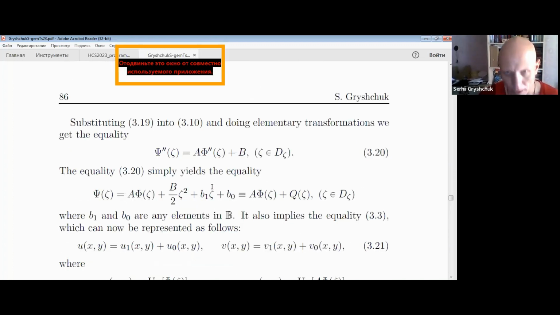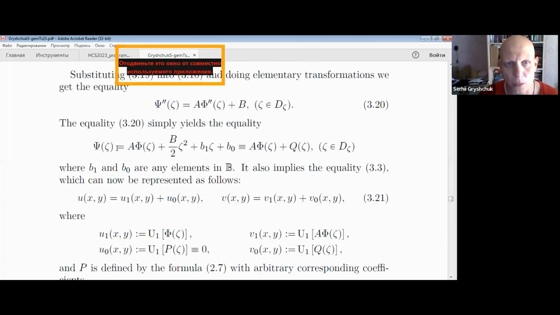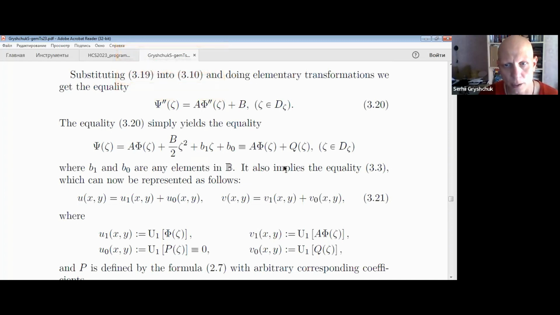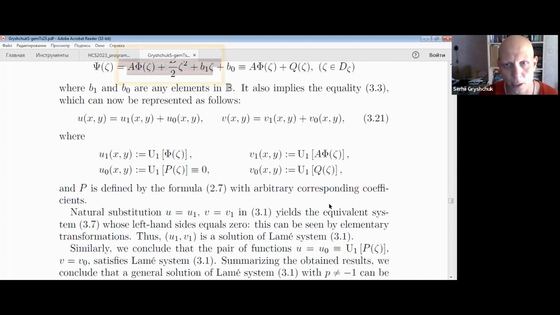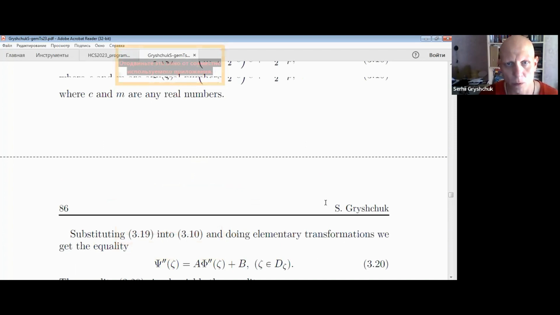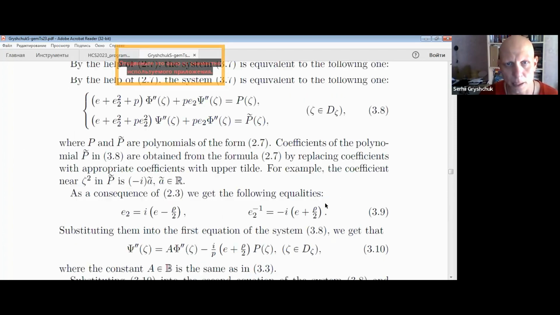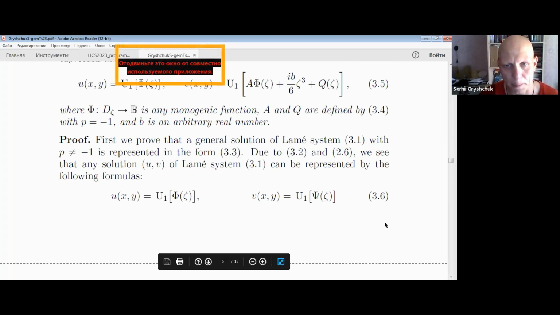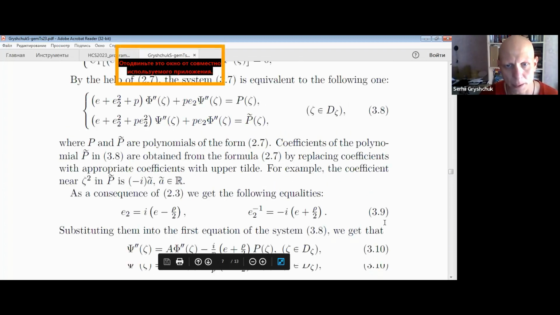Then, integrating these equations twice, we have such a relation between the monogenic functions phi and f. And then we prove that these monogenic functions generate a general solution of our Lamé system by the formula 3.6.